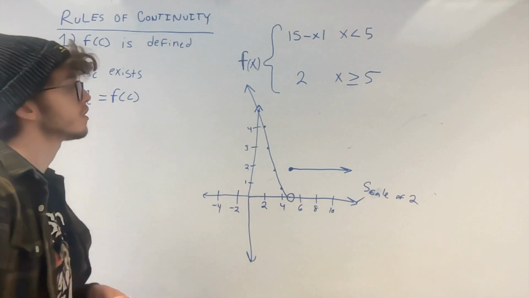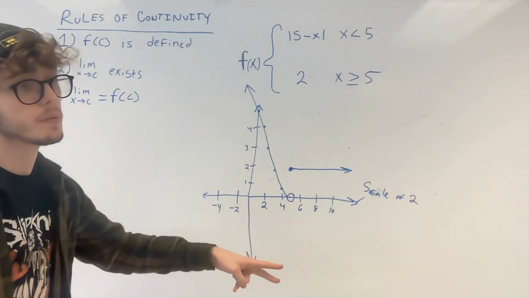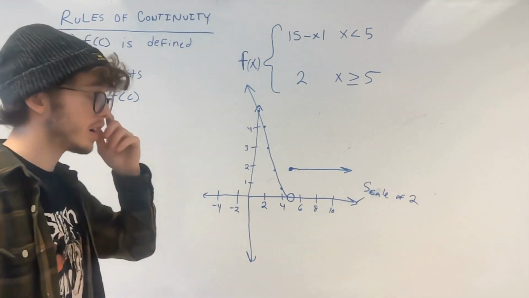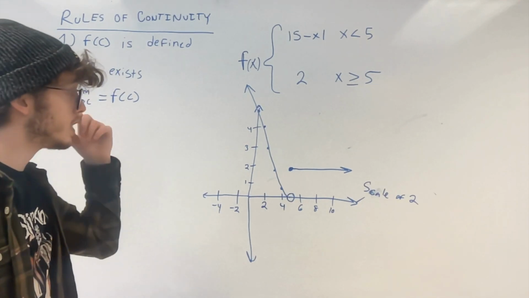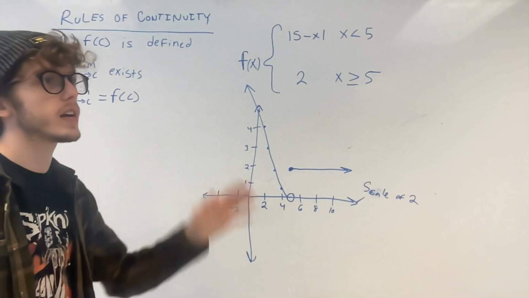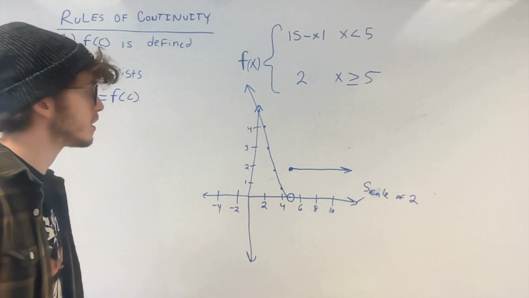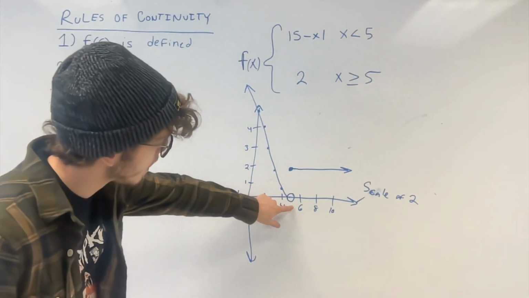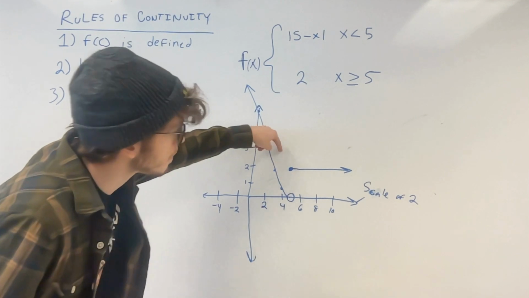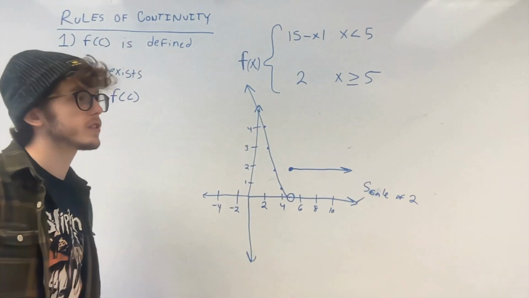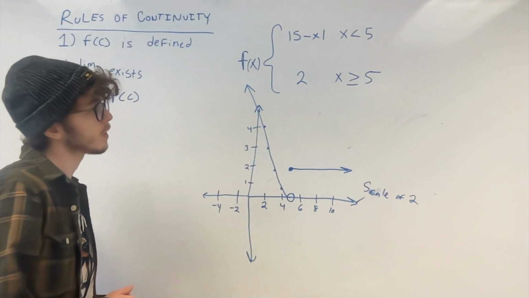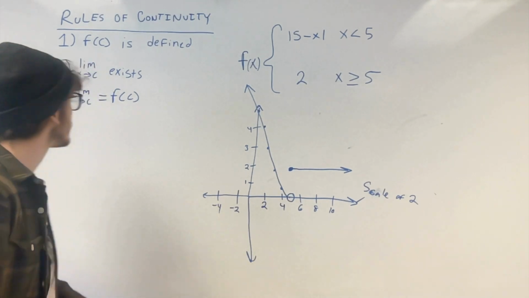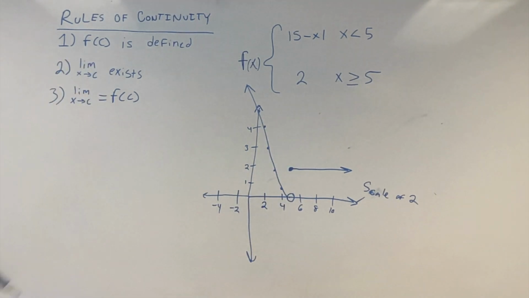There are three kinds: removable, jump, and infinite discontinuity. Infinite discontinuity is when we have that vertical asymptote. There's nothing you could do to fix it. Jump just means you have your undefined point here, but then you jump up and you get defined somewhere else. Removable, for example, would be if the limit values are equal. So let's check that quickly.